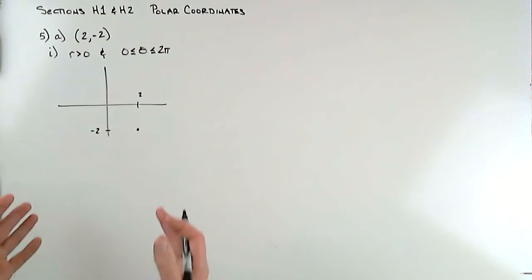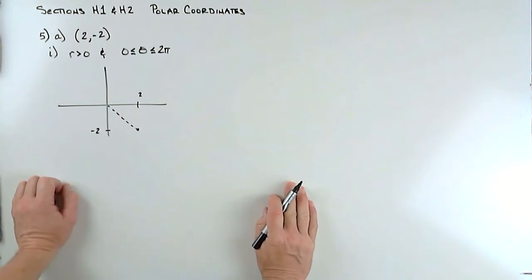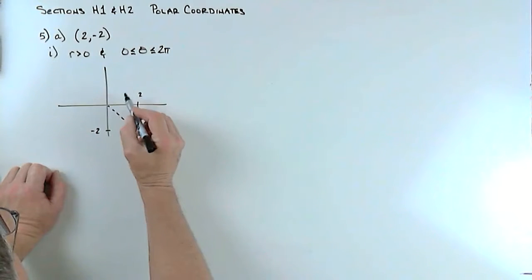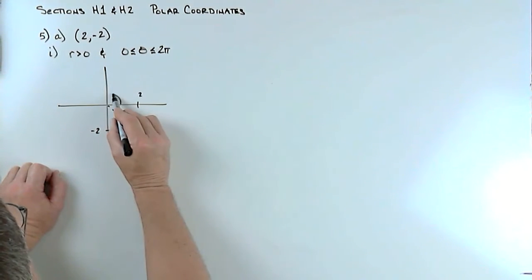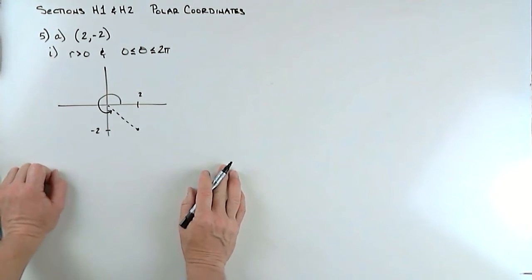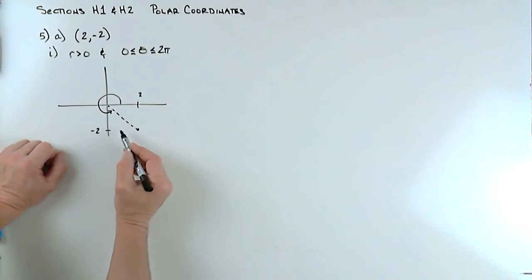Now, we could do it just by looking at this and realizing that this is a 45-degree angle from our days back in algebra or geometry. We want r to be positive, and we want theta to be between 0 and 2 pi. So this is going to be our theta. We want it to be positive, so we have to go counterclockwise. And we can figure out how big this is.